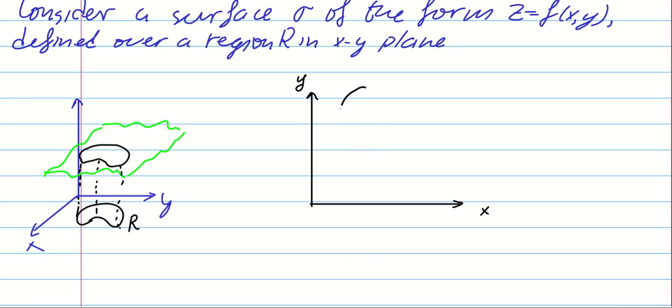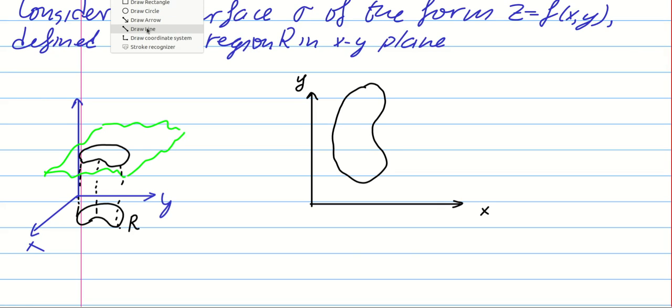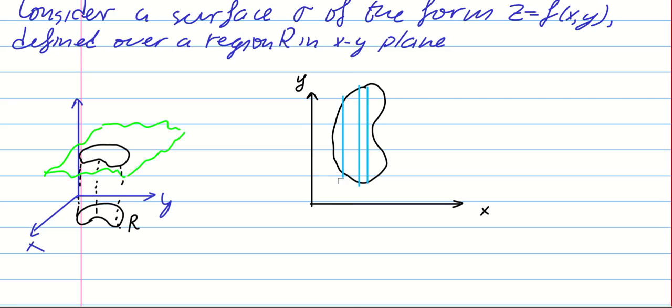So this is our region R. And what we can do is draw horizontal and vertical lines, maybe of a different color, and split our region into rectangular pieces, like this.